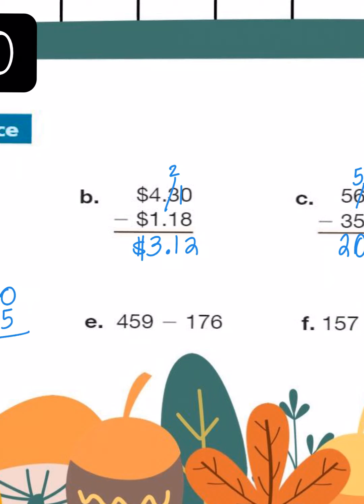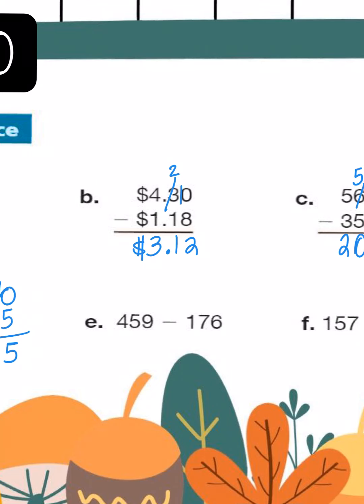All right, now walk me through it. And then you can't subtract 0 minus 5, so you borrow from the 4 and make the 0 a 10. So 10 minus 5 is 5.